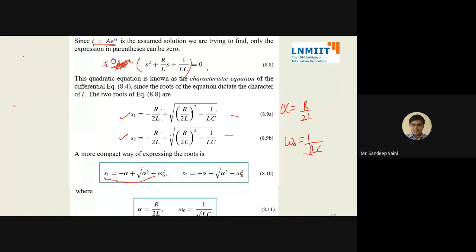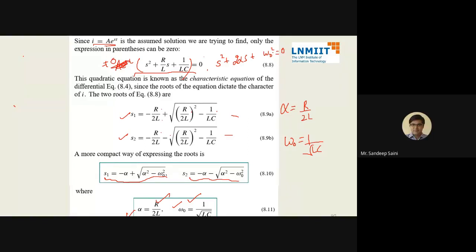One more thing you can do is write this equation in terms of alpha and omega naught as s square plus 2 alpha s plus omega naught square equal to 0. Is that okay?